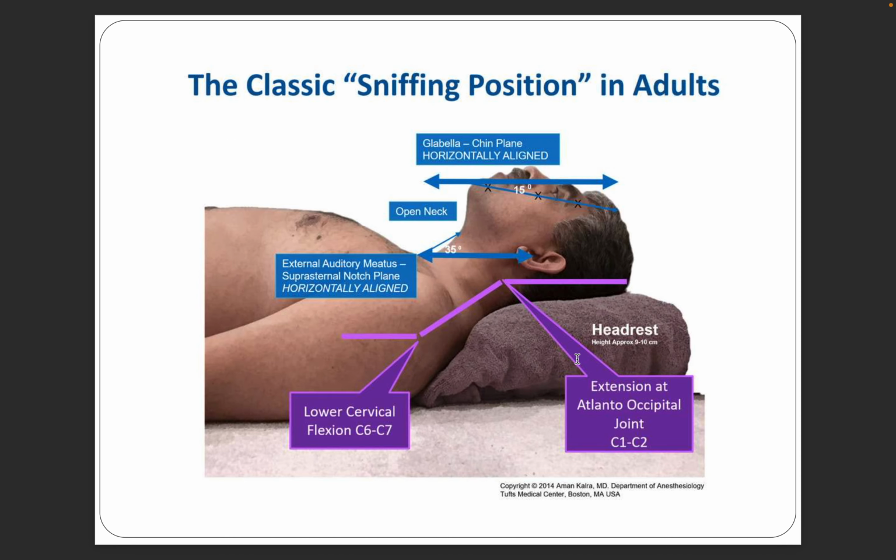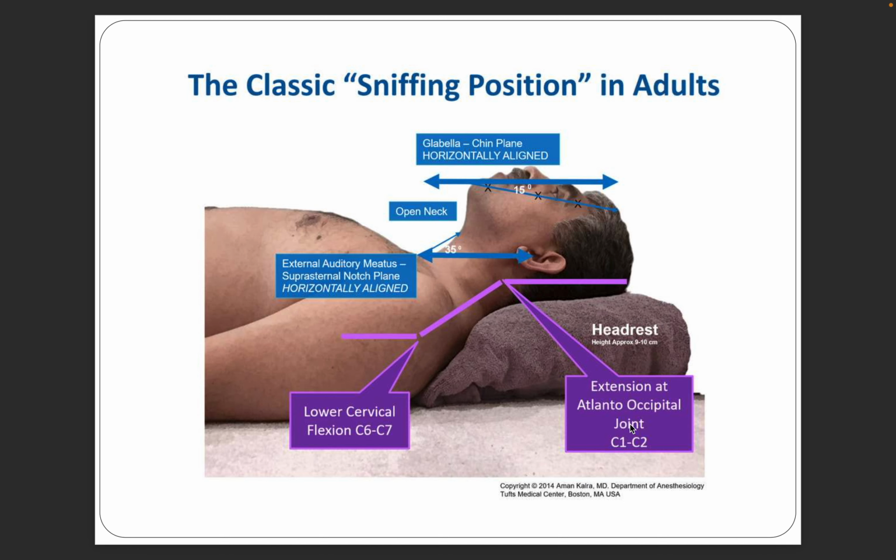So this is how the classic sniffing position looks like. As you can see, there is horizontal alignment of this axis. There is the open neck, and there is this axis which is aligned as a horizontal axis, the ear and the sternal notch, and of course there is a headrest.